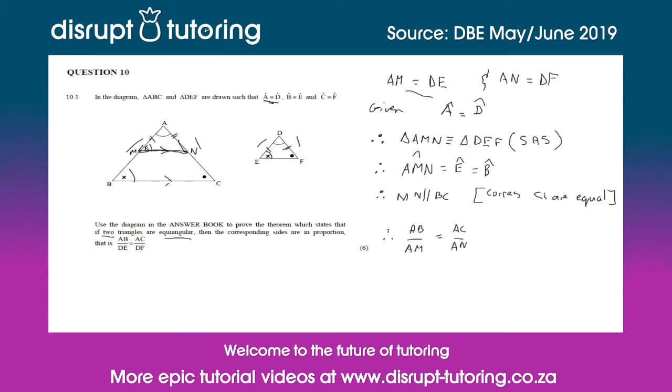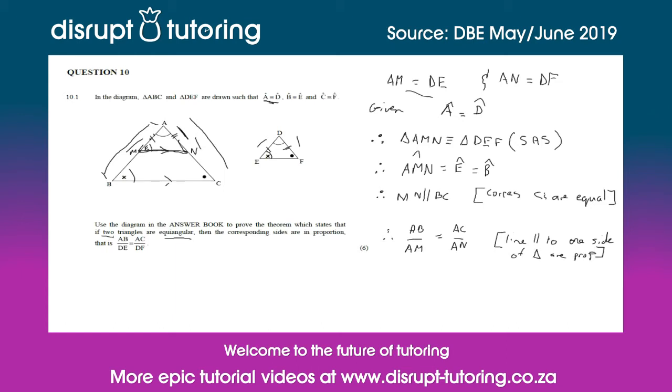So AB, this line over here, to AM should be proportional to AC over AN. And your reason here should be your theorem that lines parallel to one side of a triangle are proportional.